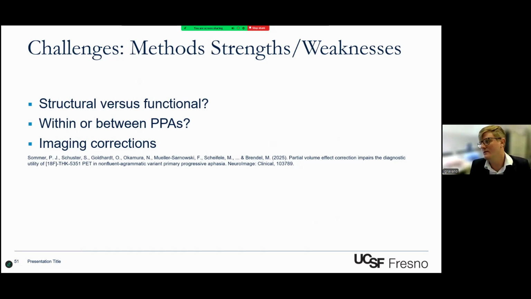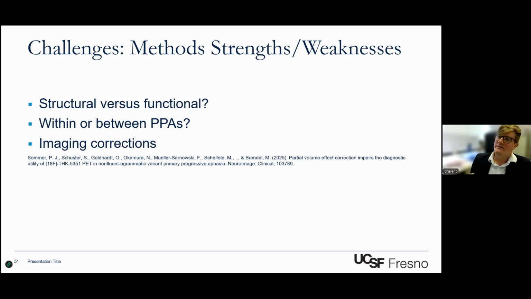Atrophy seems to be a tried and true method, but there's some implications and suggestion that functional changes may precede or inform additional dysfunction. So you could look at EEG or other functional measures, metabolic measures, and so on. It's hard to know the sole way to go. And people have been attempting more combinations of these to try and understand the network dynamics that accrue in these disorders.